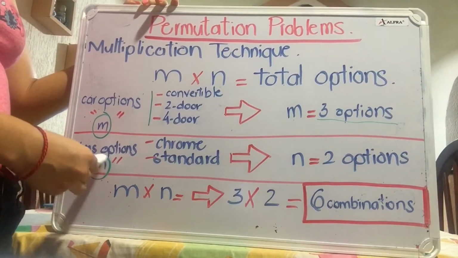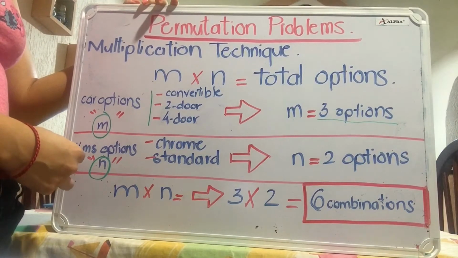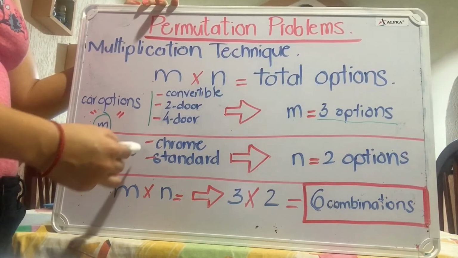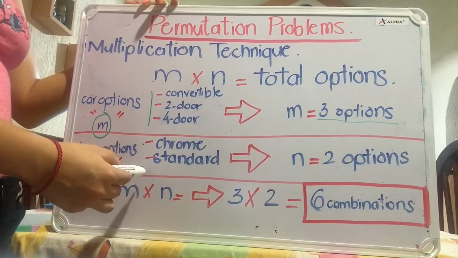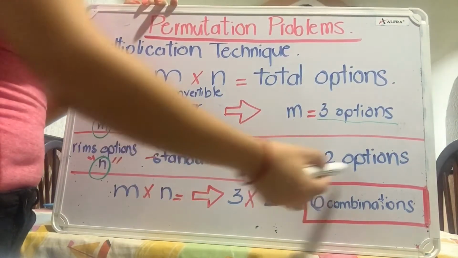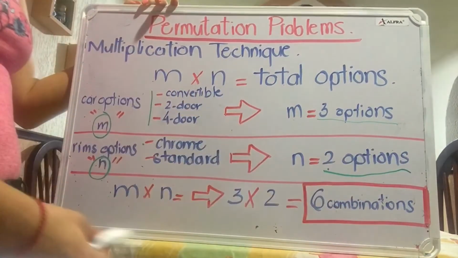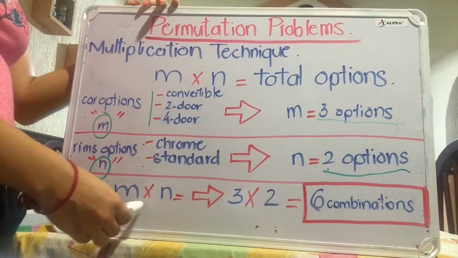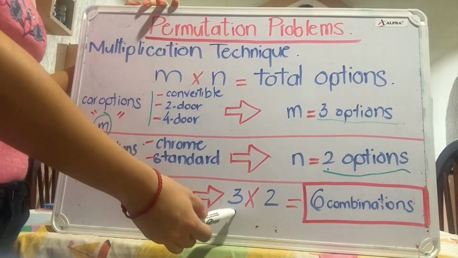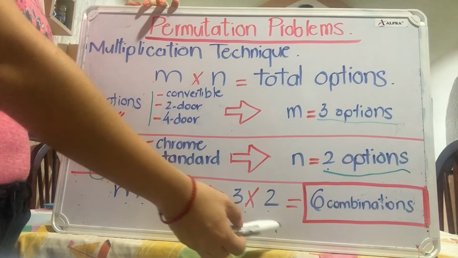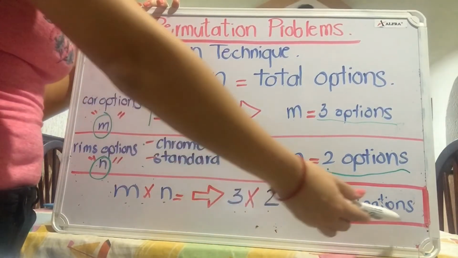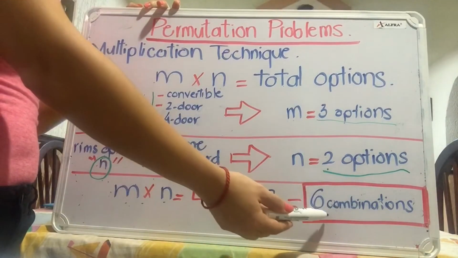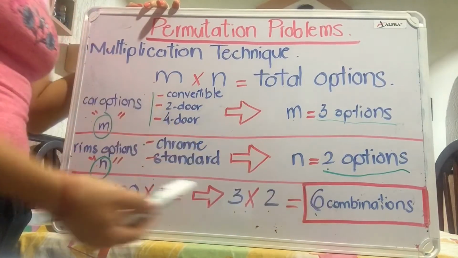And n represents the rim options, which are 2, chrome and standard, 2 options. So m times n equals 3 times 2, 6 combinations. That is my result, 6 combinations.